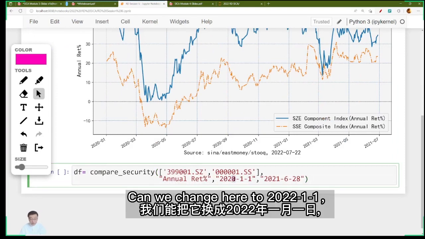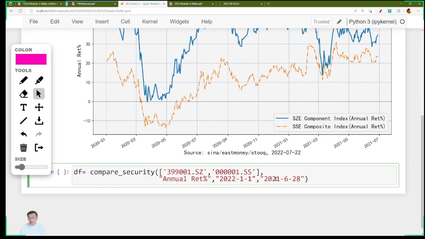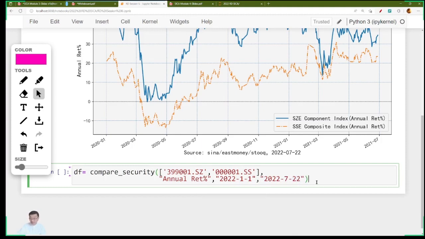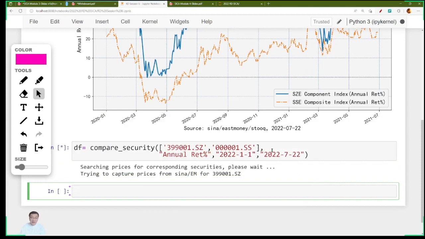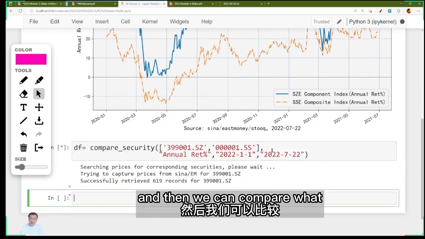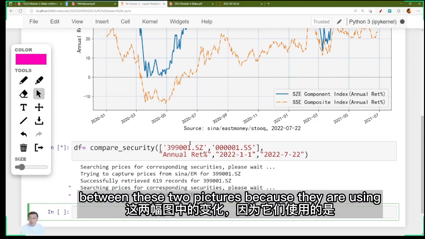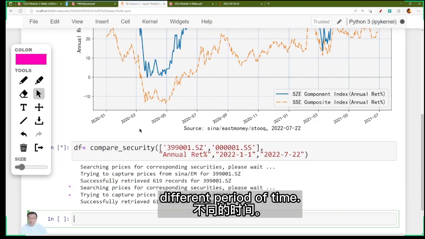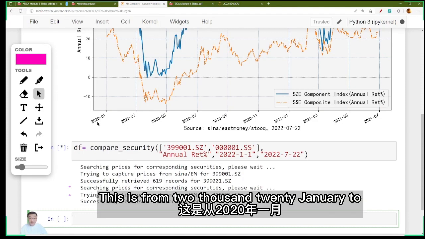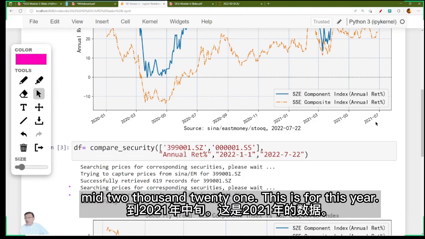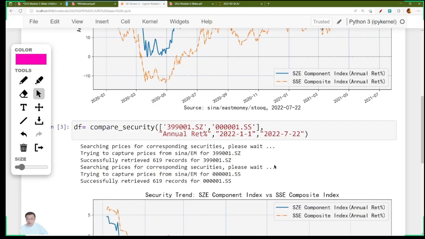We change here to January the 1st, 2022, and July 22nd. Let's execute the command. Then we can compare what changes we have between these two pictures, because they are using different periods of time. This is from January 2020 to mid 2021. This is for this year.